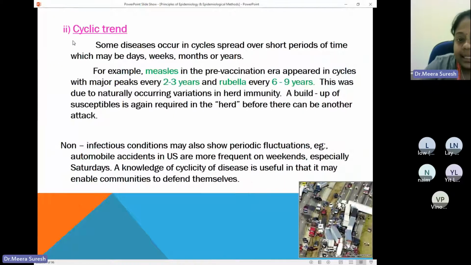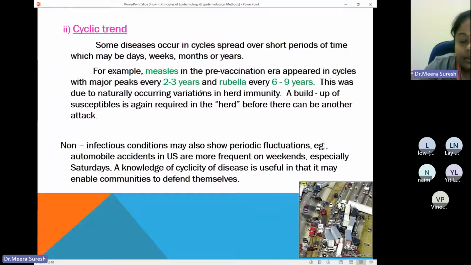Then there is something called a cyclical trend. So not based on season, but some other trend, a cyclical trend we can see in certain diseases. This can extend for a short period of time or maybe longer, maybe days, weeks, months, or even years. And we say that measles earlier, before vaccination, used to appear every 2 to 3 years.